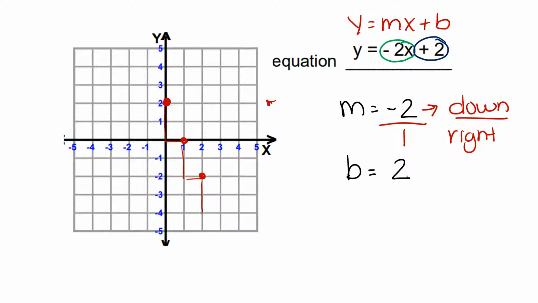Down 2 and over 1. All the way to the edge. Once you get to the edge, you go the opposite direction, up 2 and over 1. You can connect your dots, and you should have a straight line all the way across the graph. Remember, if you showed your counting steps 2 and 1, make sure you go back and erase those in your final answer.